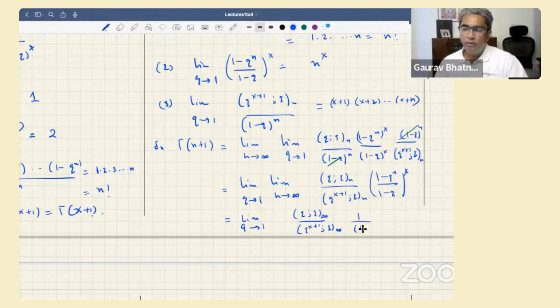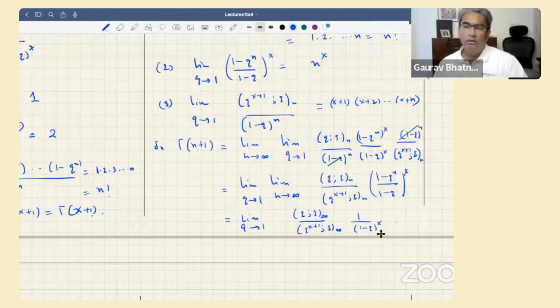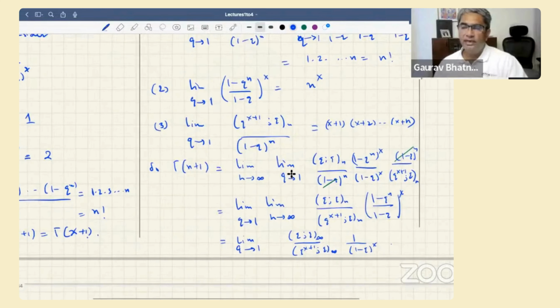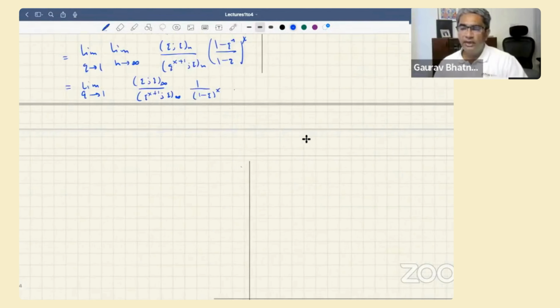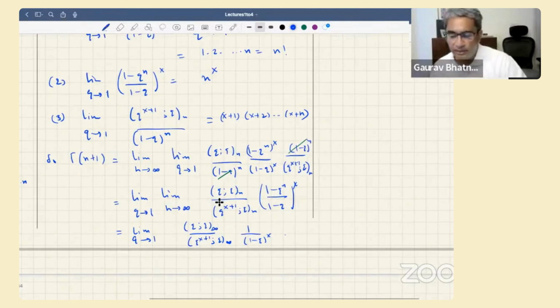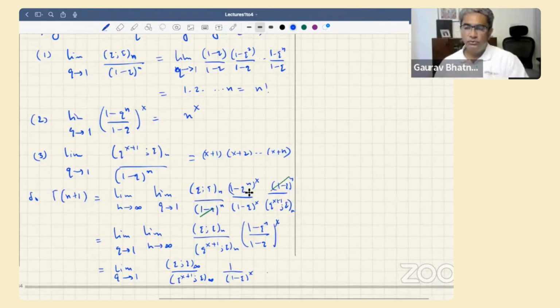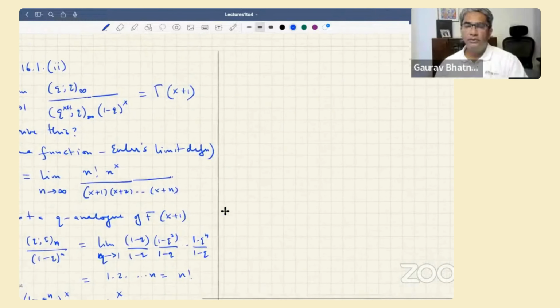So you will get 1 minus q raised to x. So formally, it's not so difficult to obtain it. Of course, there's some pending agenda. We need to show that the limit exists, and then that you can interchange the limits. So we will get to the formal proof, but right now I want you to understand somewhat formally what's going on.